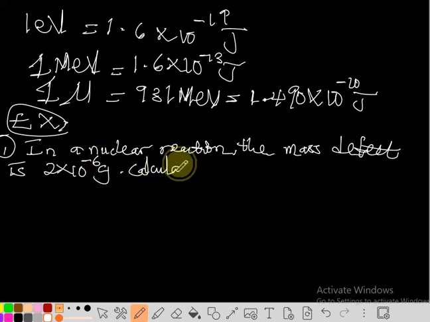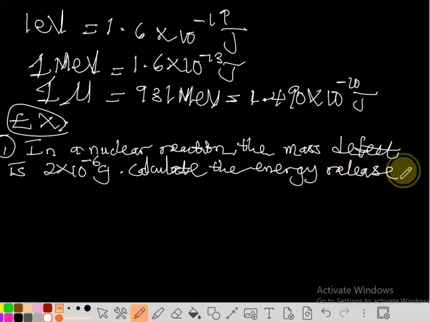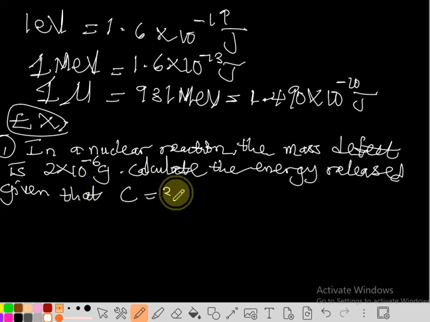Calculate the energy released, given that C, which is the speed of light, is 3 times 10 raised to the power 8 meters per second.